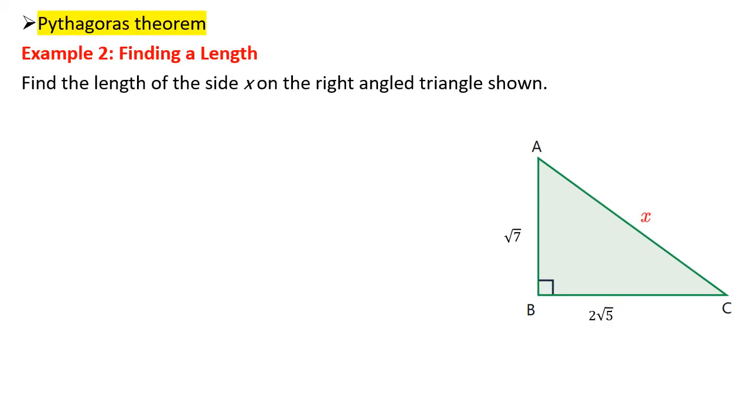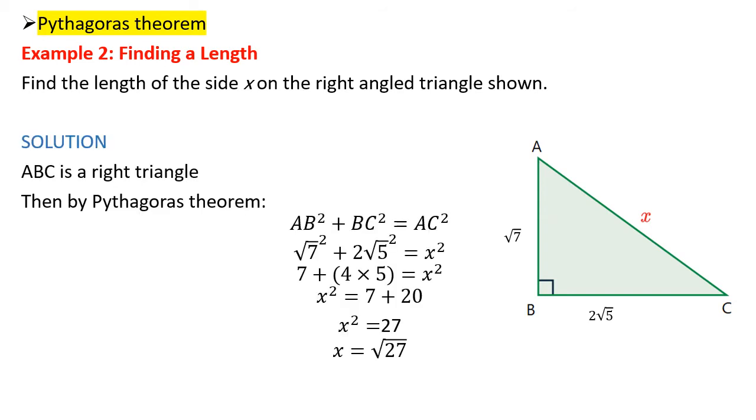Another quick example, also the same question. We have to find x. Now x is the hypotenuse in this case. So in the right triangle, of course it's a right triangle in order to apply Pythagoras theorem, the hypotenuse squared, which is AC squared, is equal to the sum of the other sides squared. So AB squared plus BC squared equals AC squared.